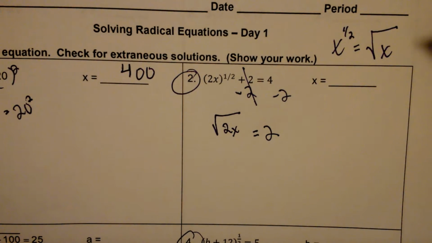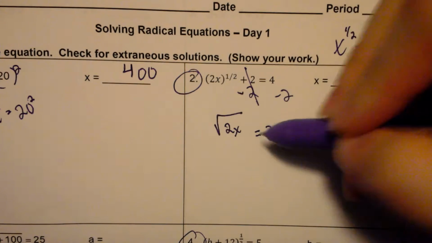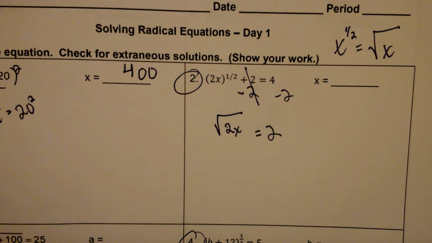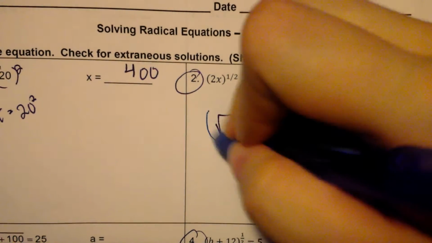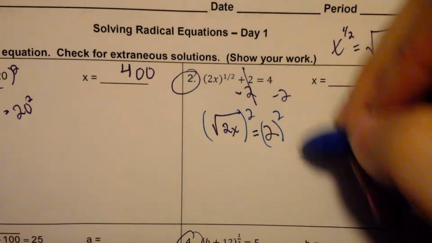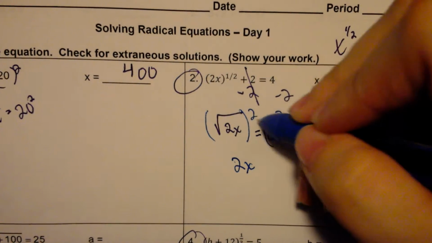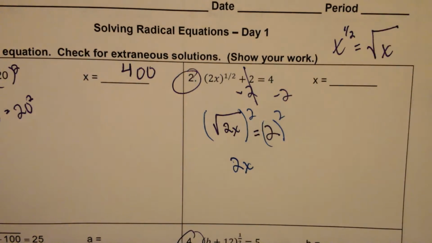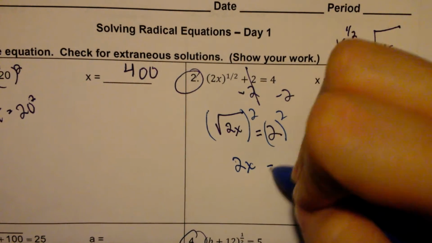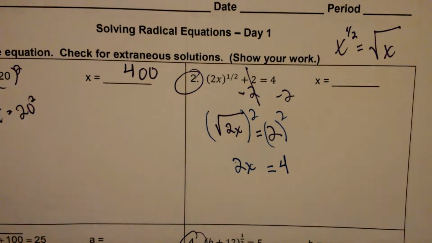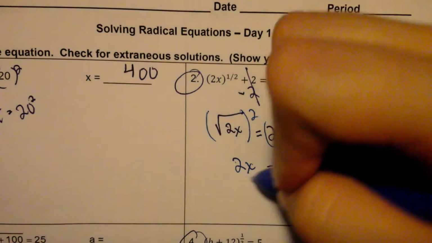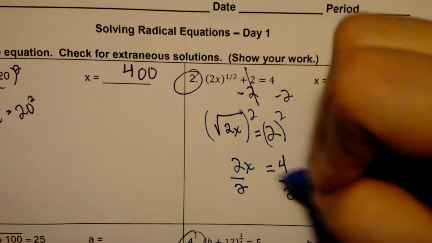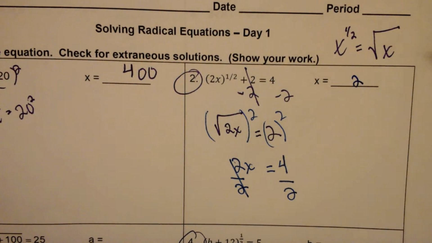So now it kind of looks like number 1. So I can square both sides. And the square and the square root leave me the 2x. 2 squared is 4. So now I have 2x equals 4. So I'm going to divide by 2, and x is 2.